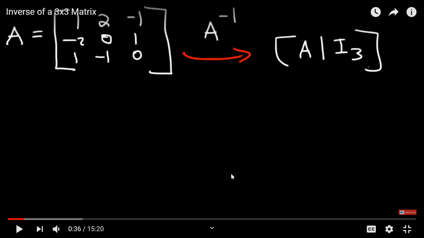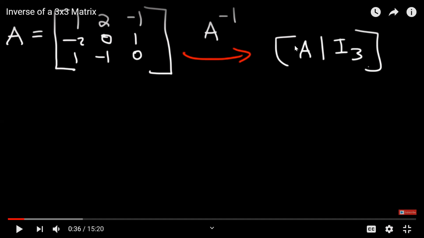Rather, we use what we learned last time, the Gauss-Jordan elimination method, where we take the matrix A and augment it with its own identity matrix. So if it is a 3 by 3 matrix, then they use I sub 3. I sub 3 means a 3 by 3 identity matrix. So I sub 4 means a 4 by 4 identity matrix. So we have to do this augmentation.